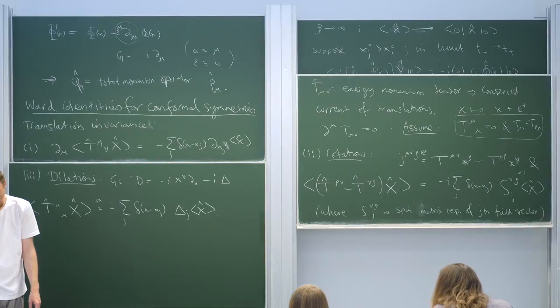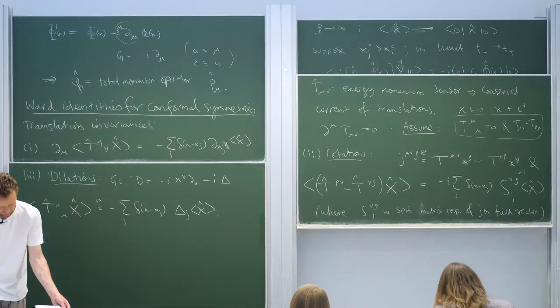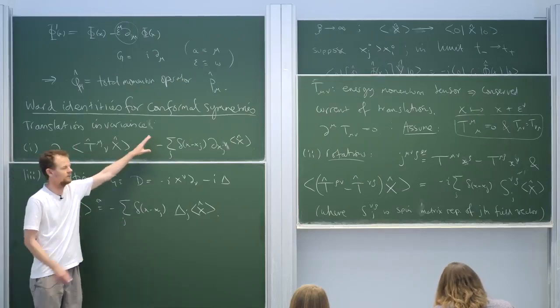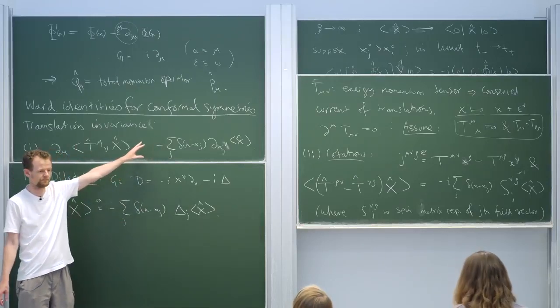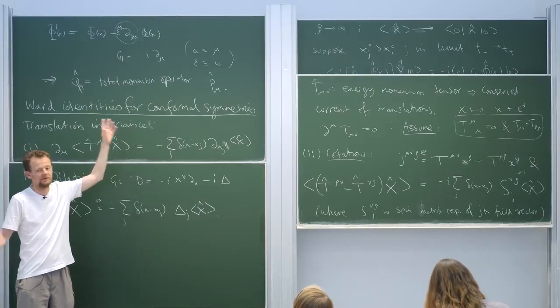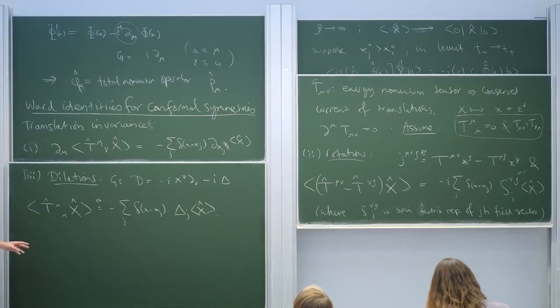I think that's where we will stop. In the next lecture, what we're going to do is specialize. This is all for general, arbitrary dimensions, but in the next lecture we're going to specialize to two dimensions, which is where things are the most interesting for conformal field theory.